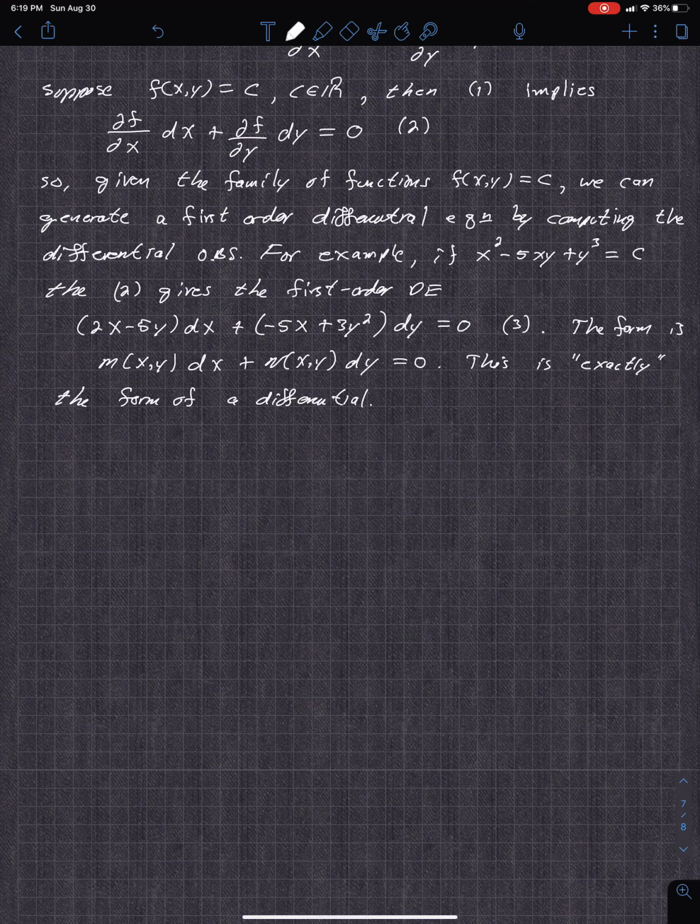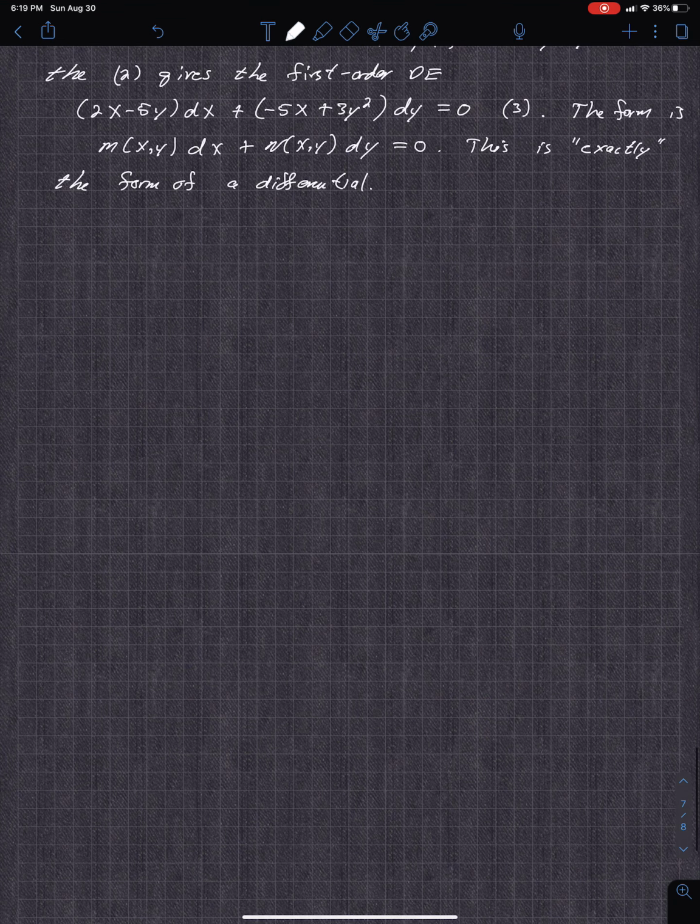So that's what we're basically trying to look at, and then we're going to see when we can use the technique to solve it.